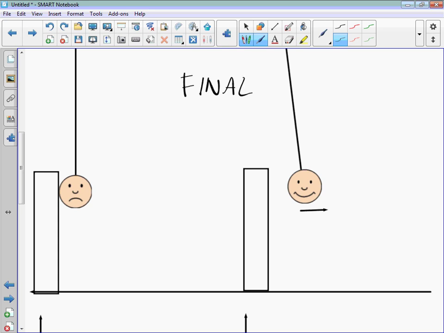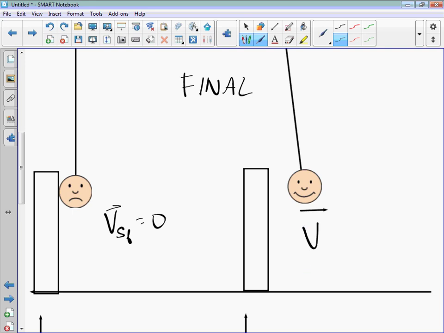And the sad ball is just going to go thud and hit the block, and it's not going to bounce back. The happy ball is going to bounce back. So we've got velocity of our sad ball final equal to 0.